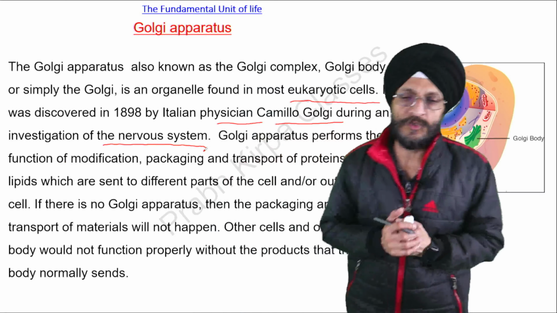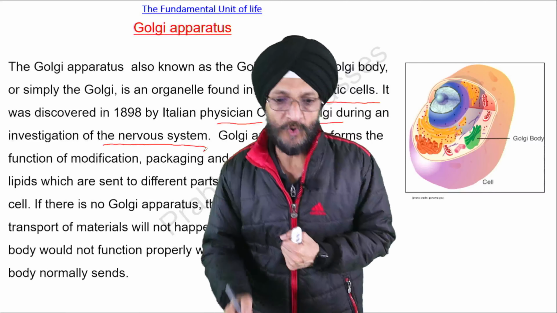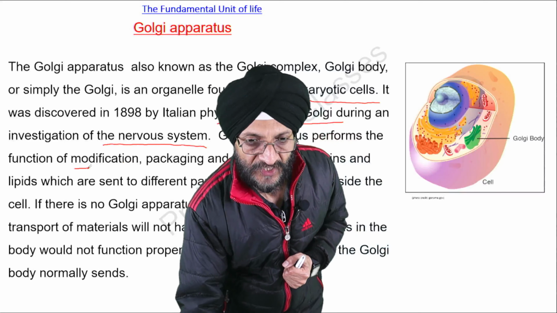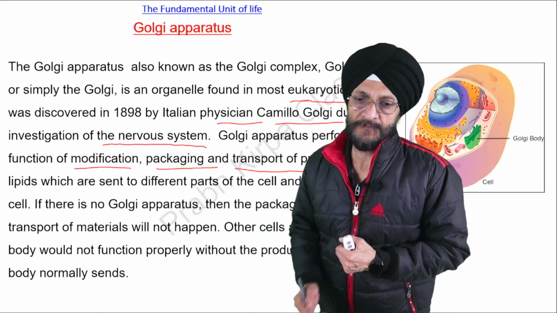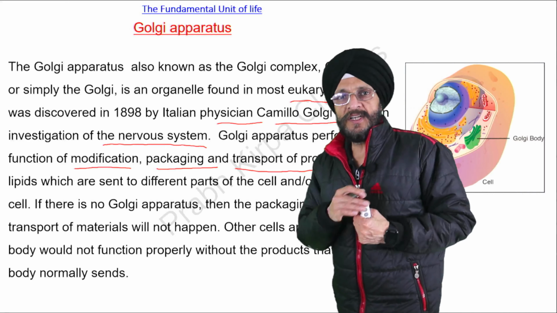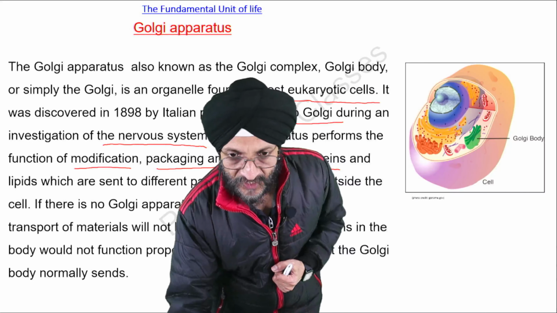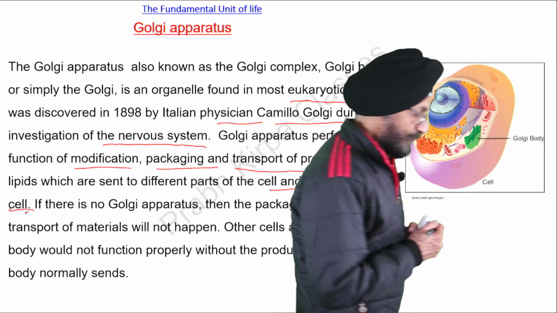Now, what is the function of the Golgi body? Golgi body performs the function of modification, packaging, and transport of proteins and lipids, which are sent to different parts of the cell or outside the cell.